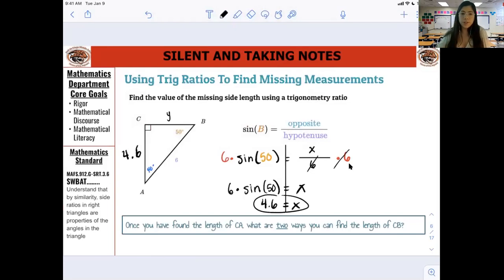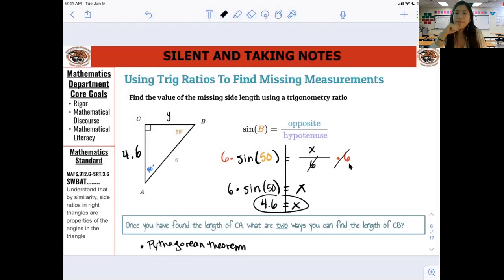What are 2 strategies? Janelle's has one. One strategy is to use the Pythagorean theorem.